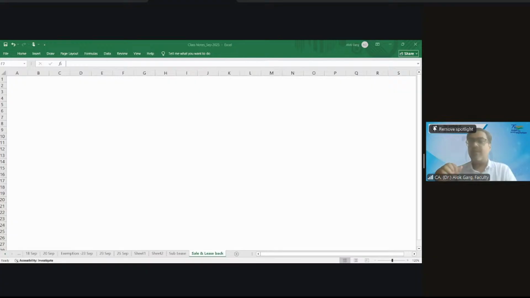For example, if I have sold this building to Ayush with a condition that I will repurchase this building after 5 years, what does this mean? It is just like a funding transaction, and I am giving this building to him just like a mortgage.